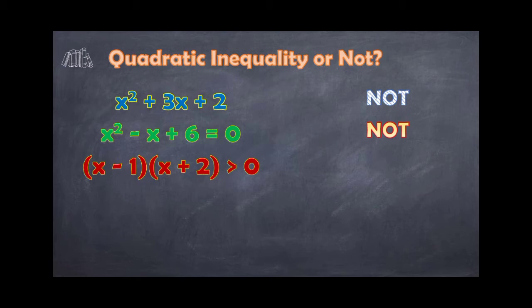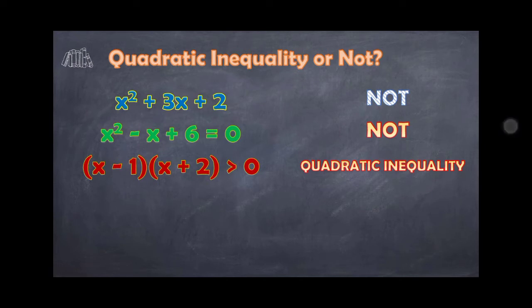So, dito naman, wala man tayong quadratic term, pero kung imumultiply natin ang x minus 1 and x plus 2, then the answer is x squared plus x minus 2 is greater than 0. So, ibig sabihin, this is a quadratic inequality.